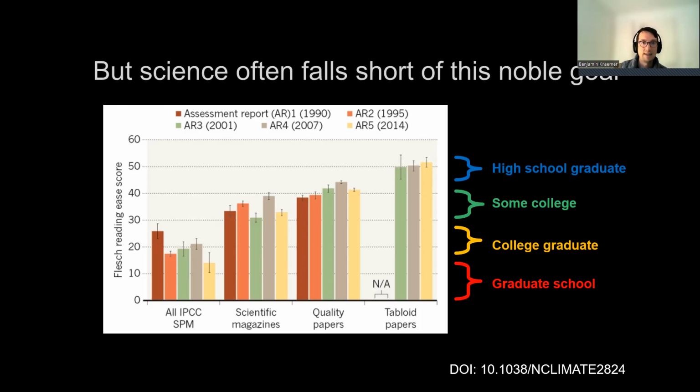So scientific magazines, quality newspapers, and tabloids. And we rely on those sources of information about the latest climate science. And the problem is that those sources often distort or disregard or exaggerate the science that they report on.